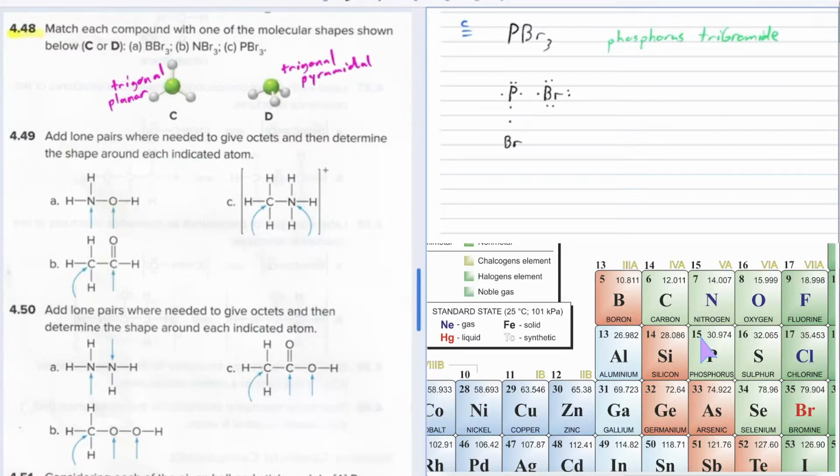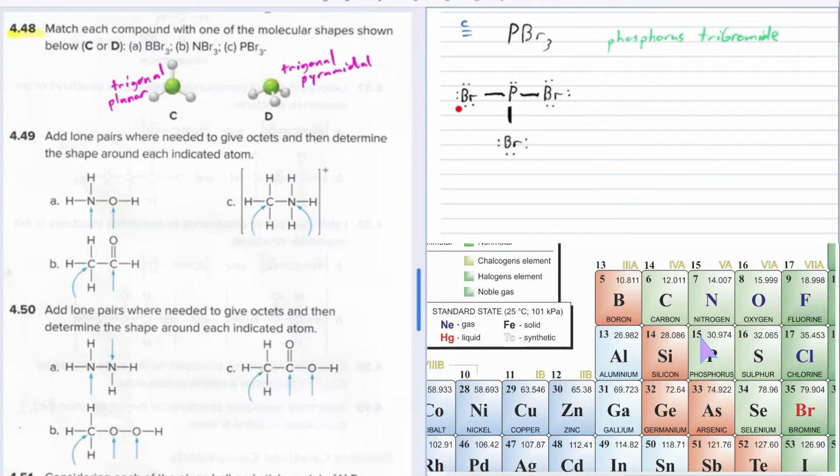The bromines are the same, but the central atom this time is phosphorus. Okay, and there you go. Let's connect everybody up, give them octets, make them happy. So 1, 2, and 3. Kind of sloppy, I guess. Okay, that's all right.